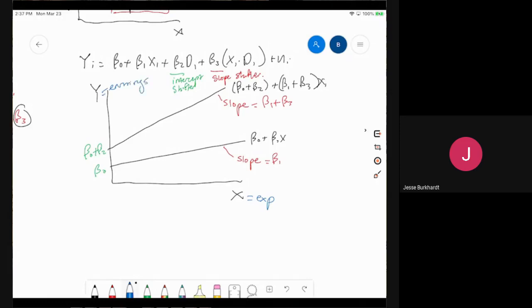Not only does experience increase your earnings in both cases, college degree or not, so this is going to be no college, and this is going to be has college.